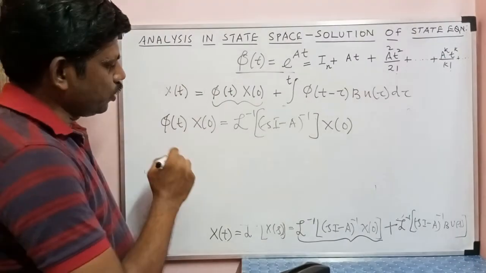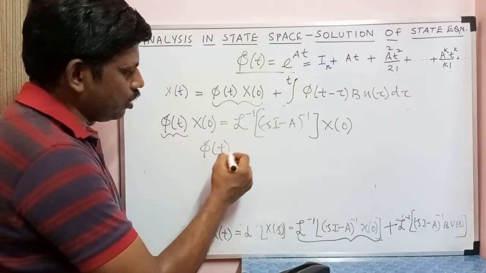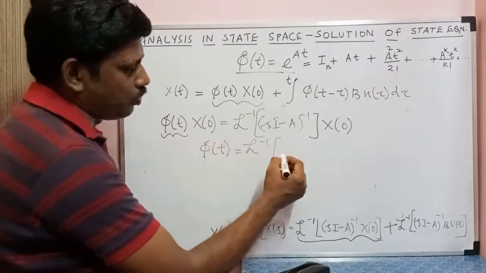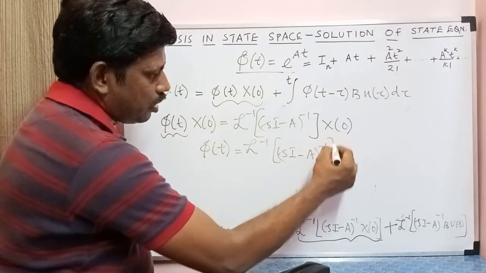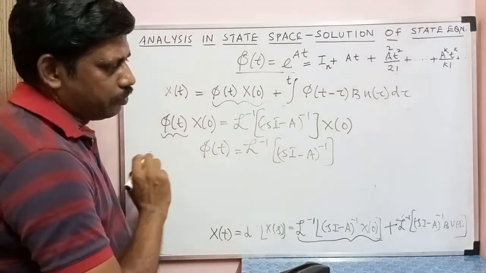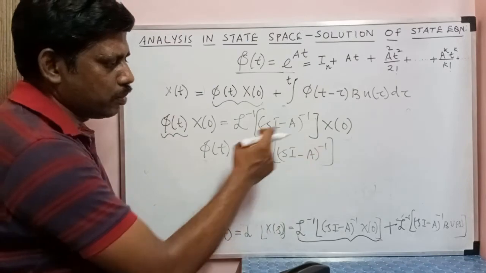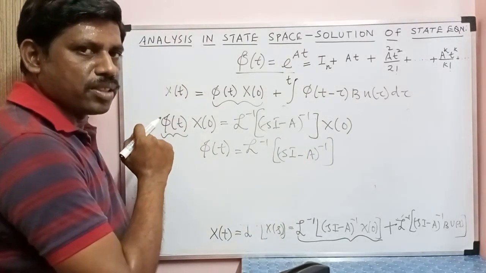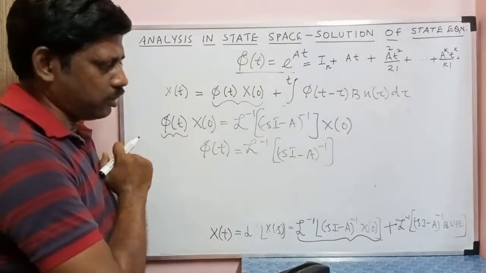Okay, so therefore, phi of t is equal to inverse Laplace transform of sI minus A inverse. Okay, so this matrix you are already familiar with. This is the matrix you calculated when you found the transfer function from a state space model, and therefore you can easily find this.